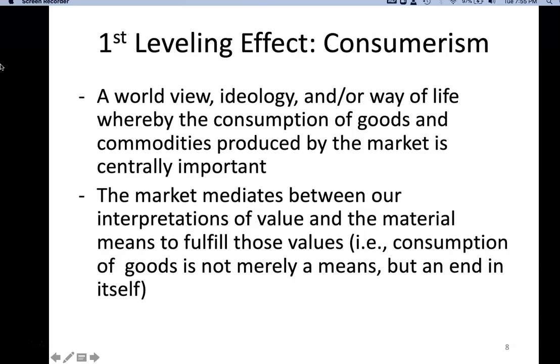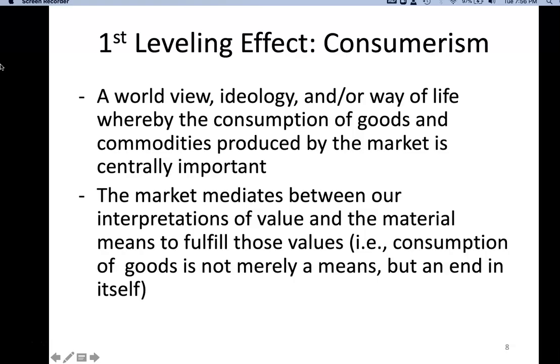All right. So, if you look at the definition here, and these are two definitions. The second one is a bit more abstract, more sociological, but I think it's actually a good one. The first one, though, let's look at that because it's more straightforward. Consumerism refers to a worldview, ideology, or a way of life whereby consumption of goods or commodities, right, produced by the market, and I should say sold by the market, is centrally important.